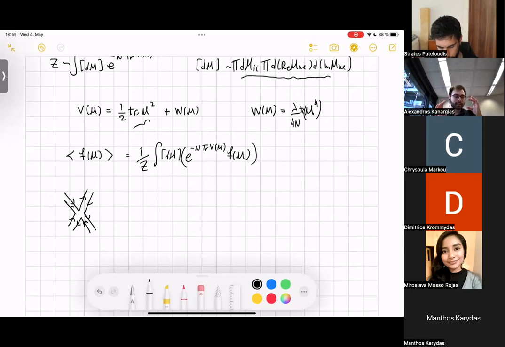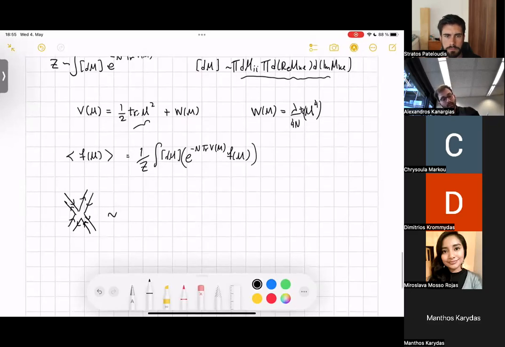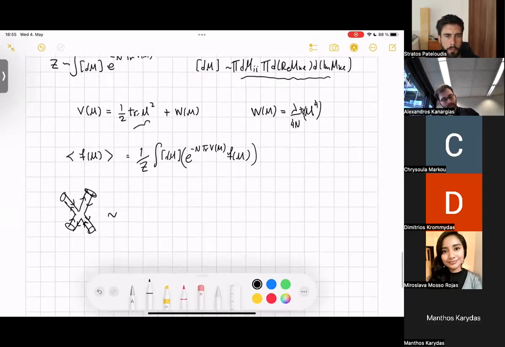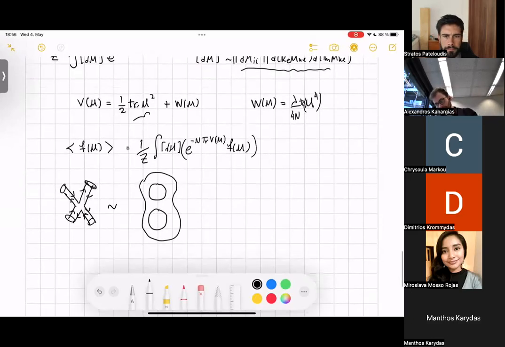To calculate a diagram, usually you pair indices, and pairing indices in different ways gives you things that are not topologically the same. By pairing indices I mean pairing, for example, this with this and this with that to calculate a diagram. If I pair them in a specific way, I might get something like that. But I can pair them in another way, which is a bit difficult to draw.